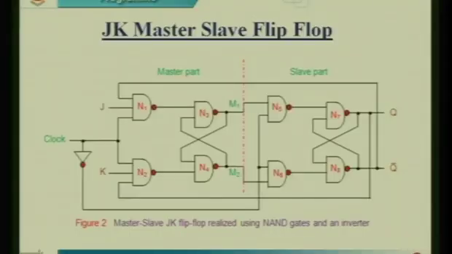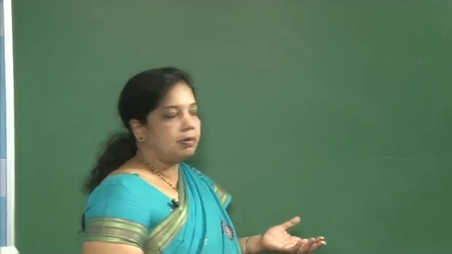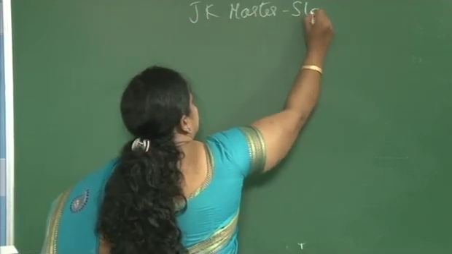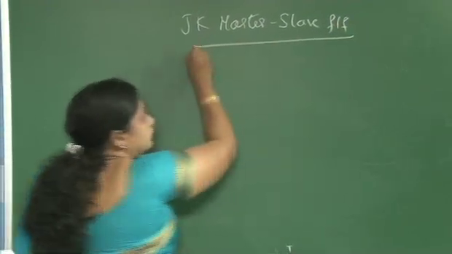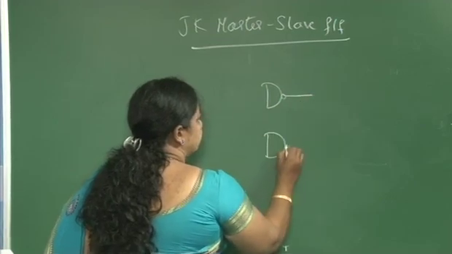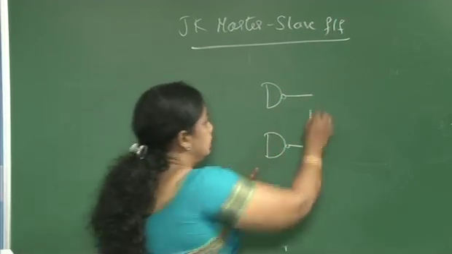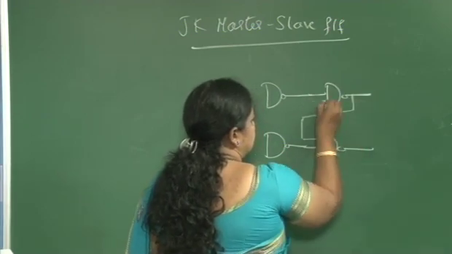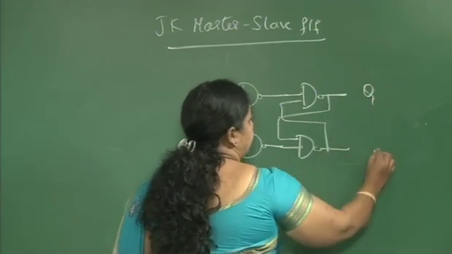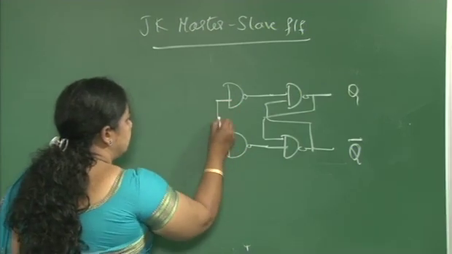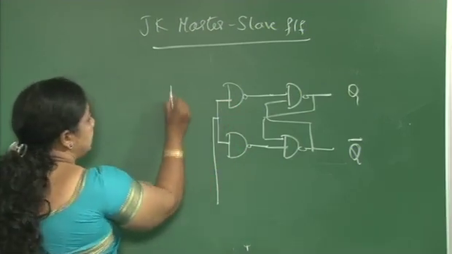Now let us discuss the operation and the circuit, how to write the circuit diagram for JK master slave flip flop. As you know, we have used NAND gates, so this is JK flip flop with one more stage I will be writing here.